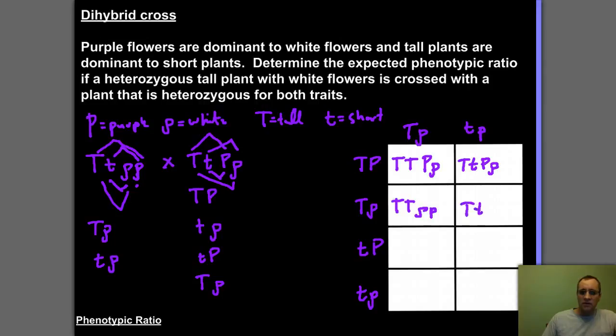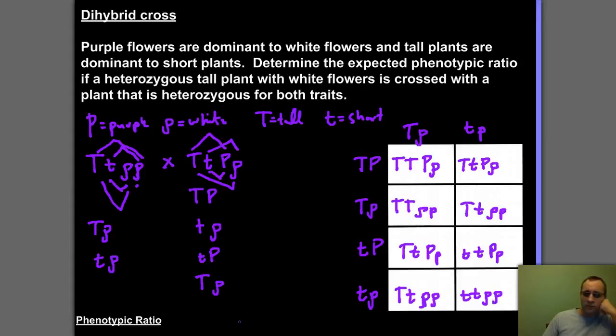Big T, little p, little p, and then big T, big P, little p, little t, big P, little p, and then big T, little p, little p, and then little t, little p, little p.